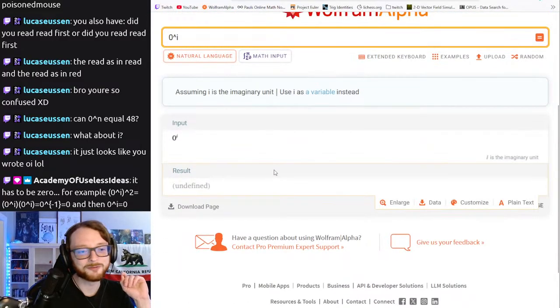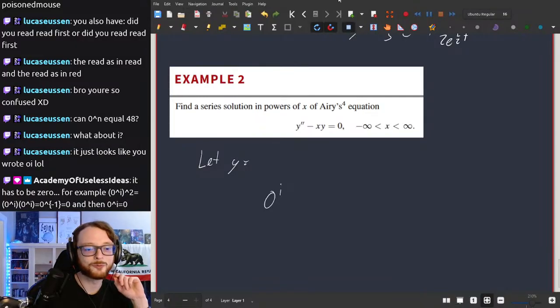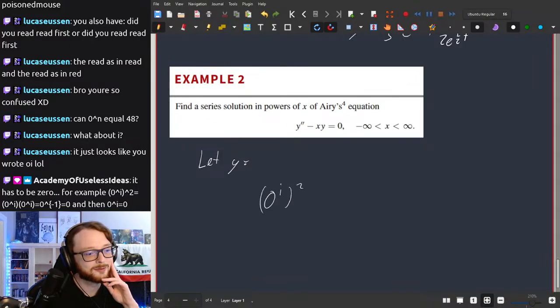Wolfram Alpha says it's undefined. I don't know if Wolfram Alpha would do that in the way that we want it to, but I was kind of curious to see. It has to be 0. For example, 0 to the i squared is equal to 0 to the i times 0 to the i. But it's also equal to 0 to the negative 1.